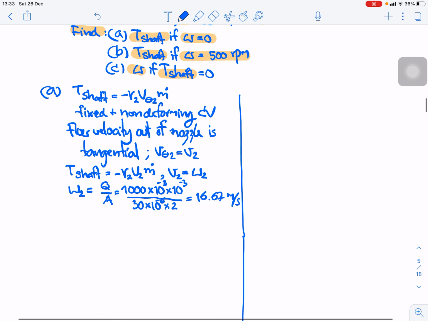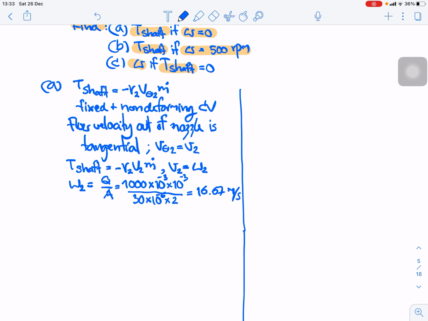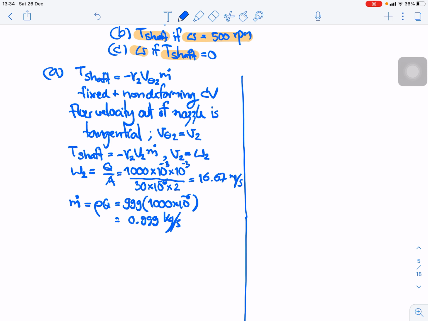So that is the velocity of the flow from the nozzle, and the mass flow rate is rho Q, density times flow rate. So we got 0.99 kilograms per second.